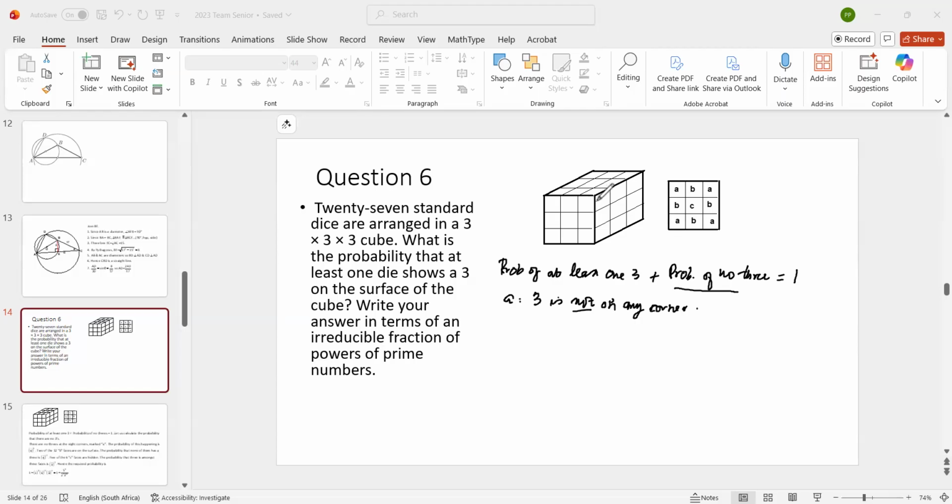And the probability that 3 is not on this means that the 3 is on the other side. And that probability is half. Probability that 3 does not appear is 3/6. It means it appears on the side which you can't see.